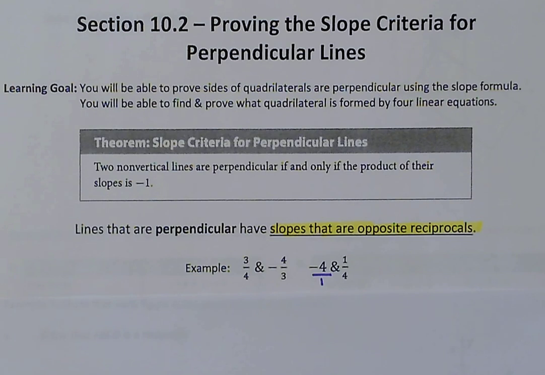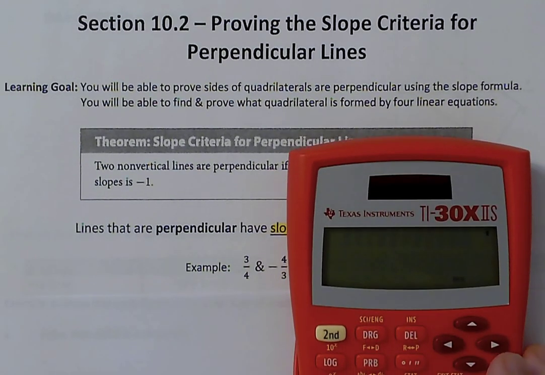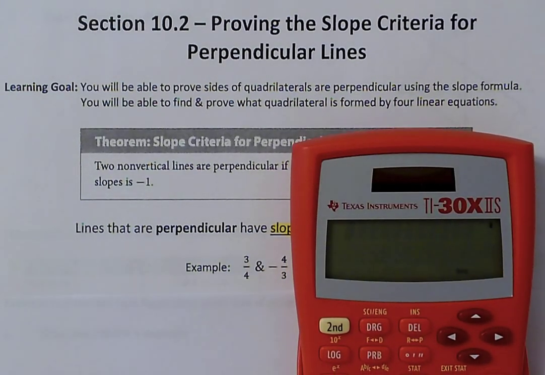And the way that the homework might take you is going through and multiplying the slopes, the products. And if you were to multiply these numbers, say 3/4 and -4/3, just to show you, that's going to result in -1. So if I were to do 3/4 times a -4/3, our product results in -1.